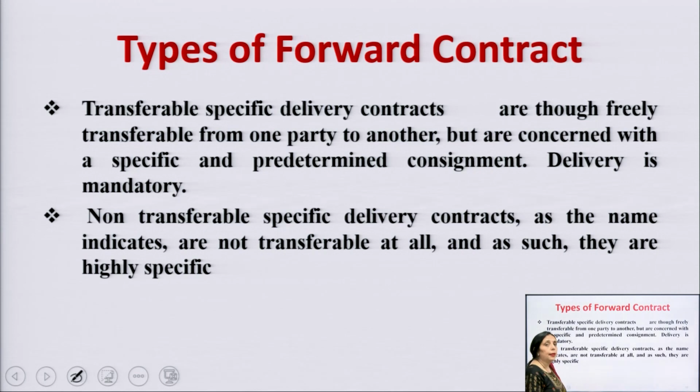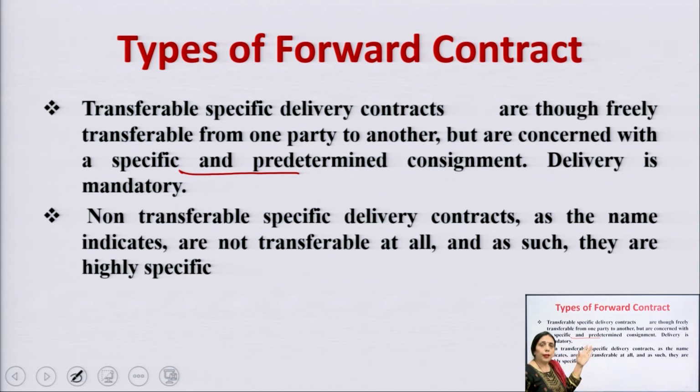The second one is the transferable specific delivery contracts. These are contracts which are easily transferable from one party to another, but are concerned with the specific and predetermined consignment. Each and everything is defined in advance, whether it relates to the quantity, quality, delivery.